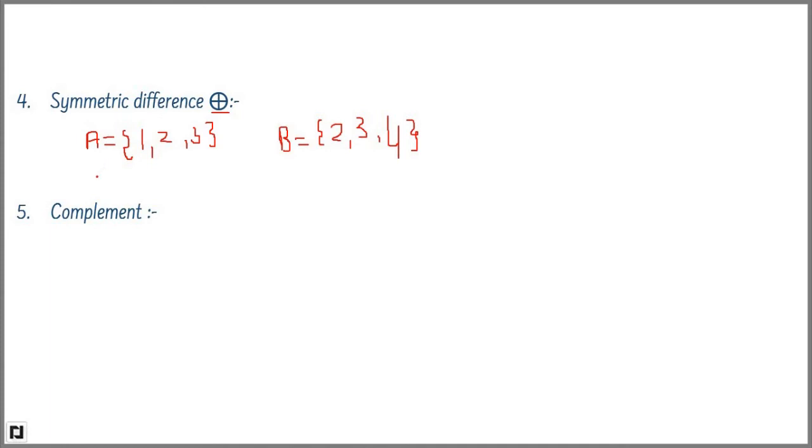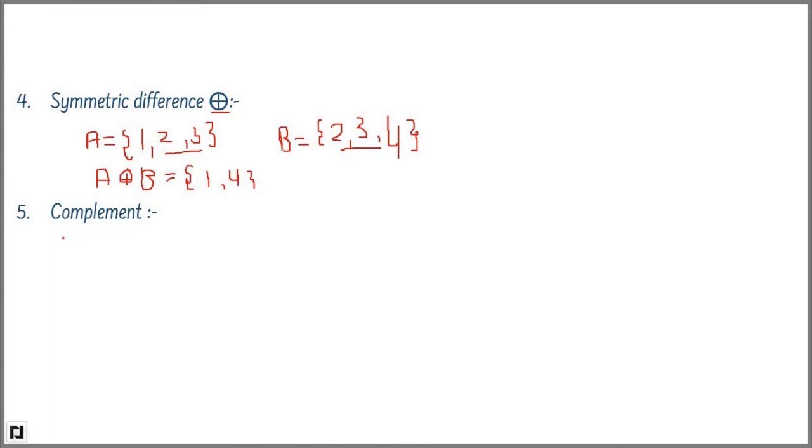That is, A symmetric difference B contains 1 and 4, because you can see 2 and 3 are in both A and B. So the symmetric difference contains only 1 and 4.